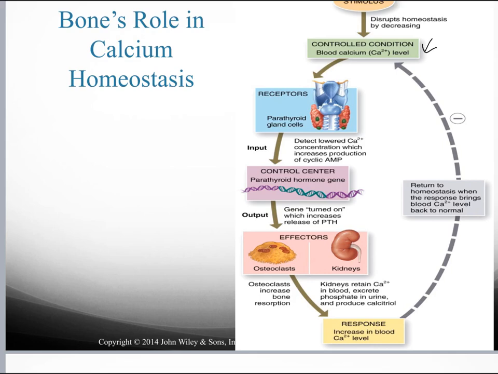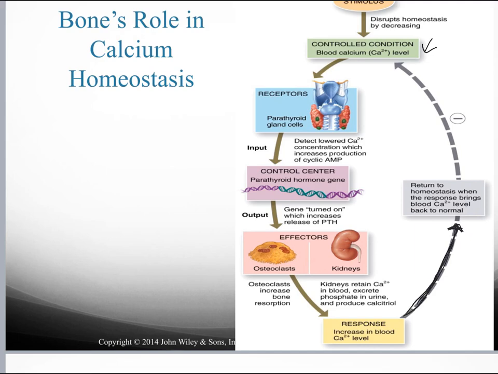The effect is that these osteoclasts increase bone resorption. At the same time, the kidneys are going to retain calcium in the blood, excrete phosphate in the urine, and produce calcitriol. The response is an increase in blood calcium levels. So again, this is if we're at a deficit of calcium in the blood.